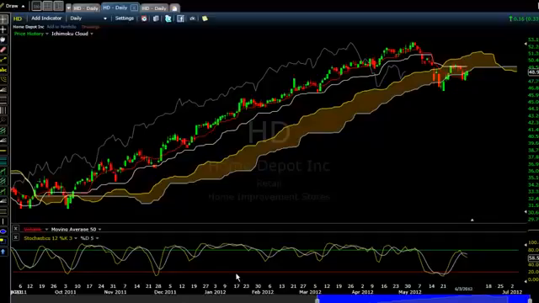So let's take a look at a few charts, and we'll discuss Tenkan-sen, Kijun-sen, Chikou, span A and span B, and the Kumo, to give you a sense of the use of Ichimoku. First off, you notice the Kumo, which is comprised of span A and span B. In a bullish chart, span A is on top, span B is on the bottom.